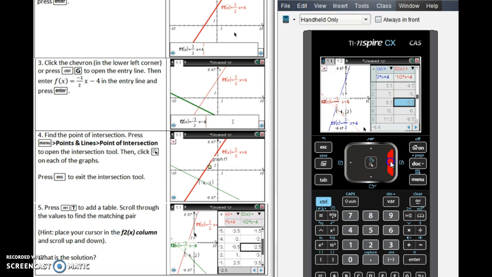This column and this column should have the same values. Oh, I almost passed it. They almost had the same, but they didn't there. There it is. So you can see when x is -4, the first function's y value is -2, and the second function's y value is -2. So this is the solution to the system using the table.